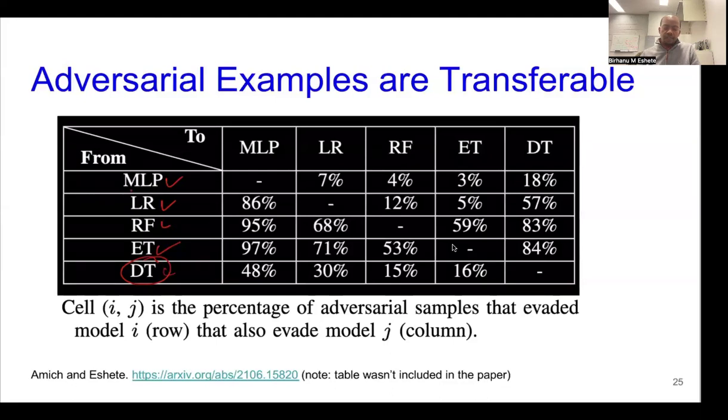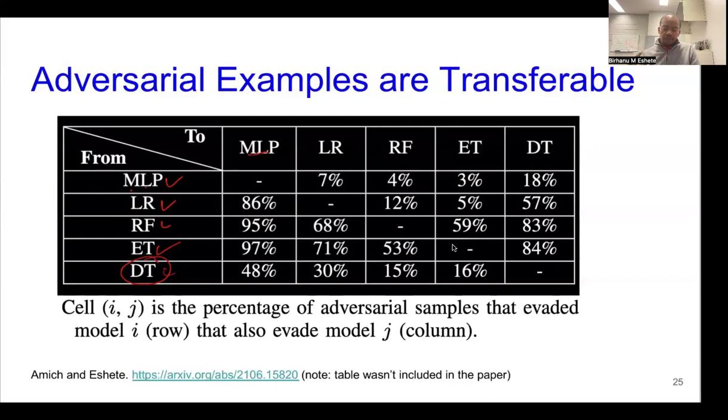Of all the adversarial examples crafted for the multi-layer perceptron, 7% would transfer to logistic regression without doing anything. Of course, the transferability varies, but you also see, for example, that as a target model, the multi-layer perceptron has a higher transferability from any of these models.